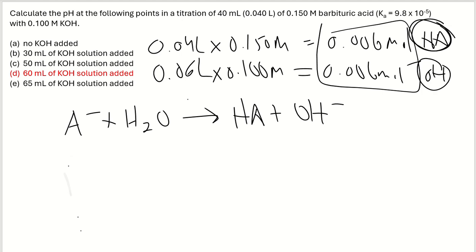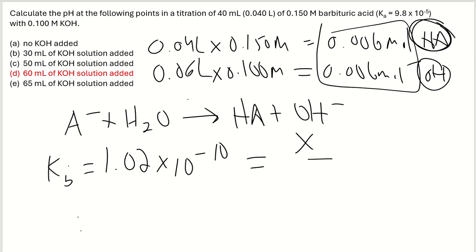And what we get is Kb equals 1.02 times 10 to the negative 10th. And that's going to equal, again, x squared over our concentration, which is 0.06 molar.